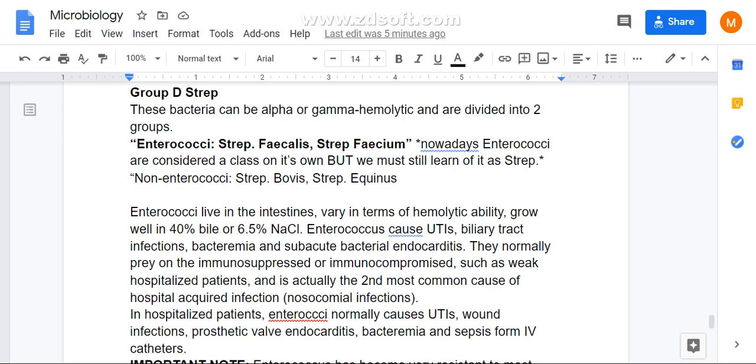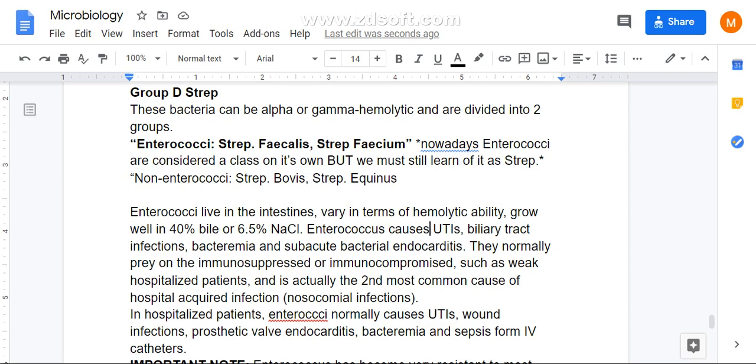Enterococcus causes urinary tract infections, biliary tract infections, bacteremia, and subacute bacterial endocarditis. It sounds really bad, but normally in normal people like you and me, because it's part of our GI tract, if your immune system is working and up to scratch, you won't get infected with this.